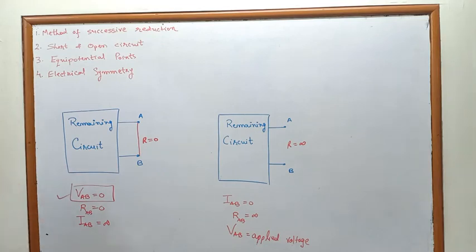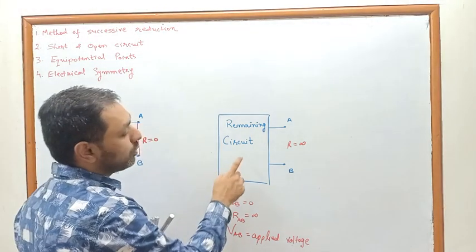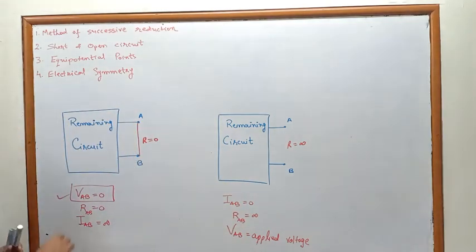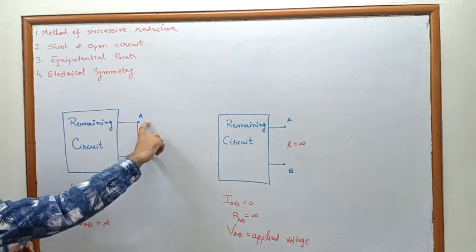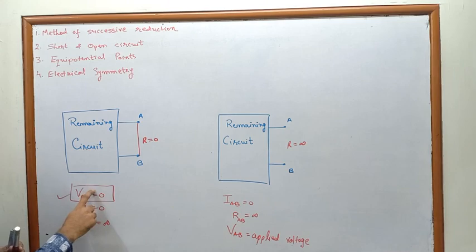Number one. Number two, in short circuit, current is maximum, or theoretically it is infinite. Over here in open circuit, current is zero, and in short circuit, potential difference between A and B is zero.